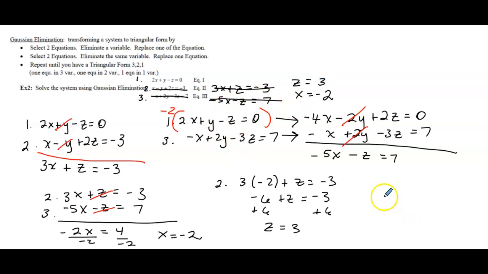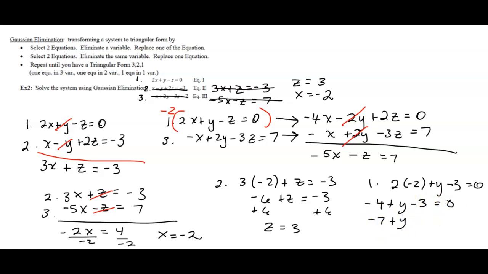And then the last thing I'm going to do is take equation 1, and plug in x and z. So I have 2 times negative 2 plus y, I don't know what y is, subtract, and then plug in the 3 for z, is equal to 0. Negative 4 plus y subtract 3 is equal to 0.